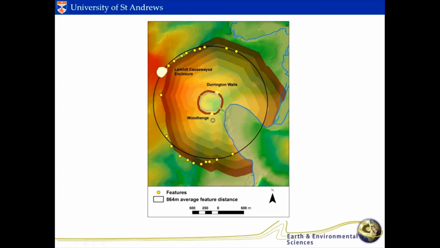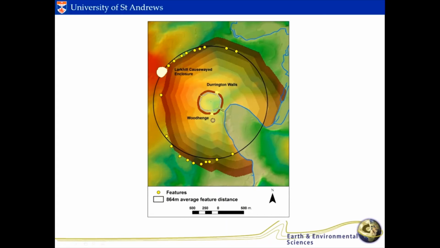And if you do that, you see that in this map here, this is kind of like a pacing map. So if somebody were to try and measure off distances from the centre to each of these features at a set distance, of course, we all know that as we walk uphill, our stride tends to lessen. As we go downhill, it gets longer. So if you took the number of strides across a landscape, then you find that actually they are all within the same sort of stride number from the middle of Durrington Walls, even though they're not exactly at the same distance.